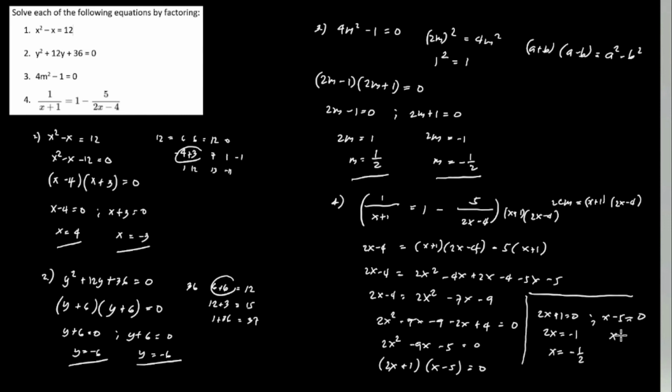While x, transpose negative 5 to the other side, or 0 plus 5, and it is equal to 5. Therefore, the values for x are x is equal to negative 1/2 and x is equal to 5. So these are the values for number 4.